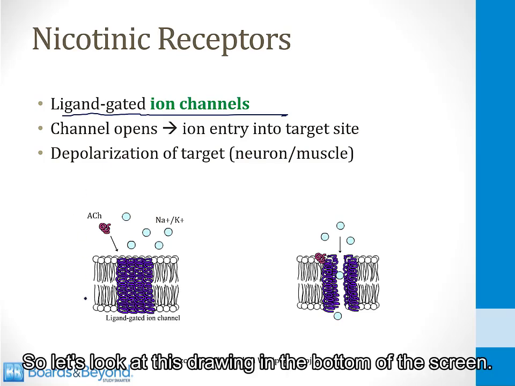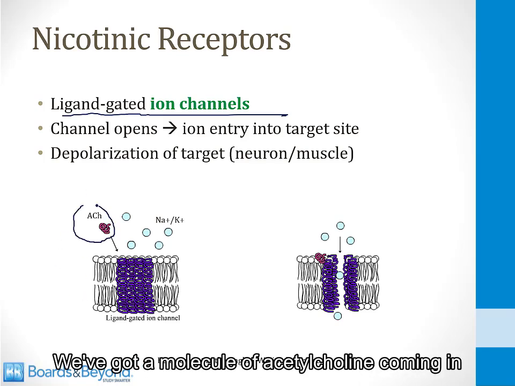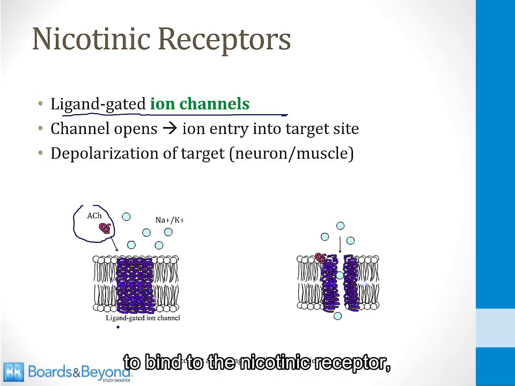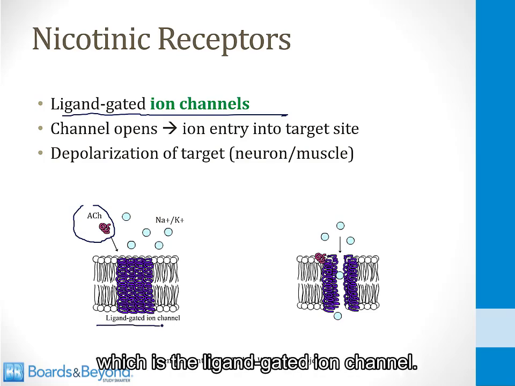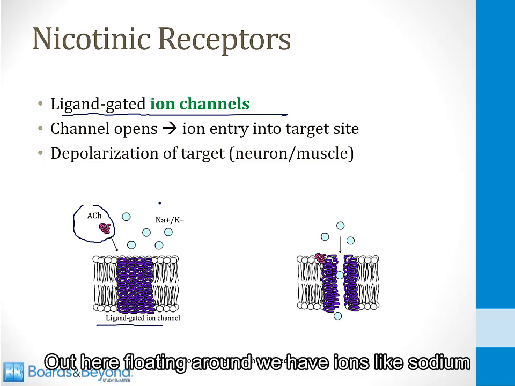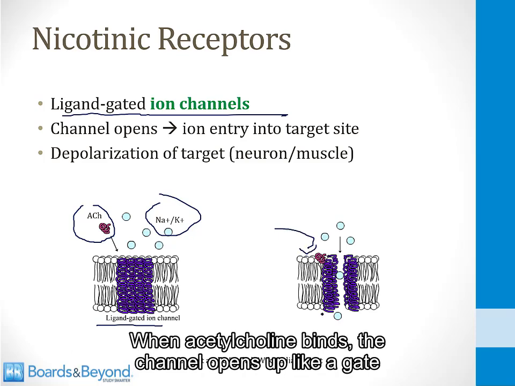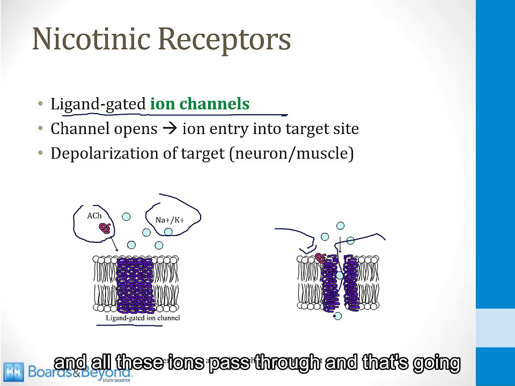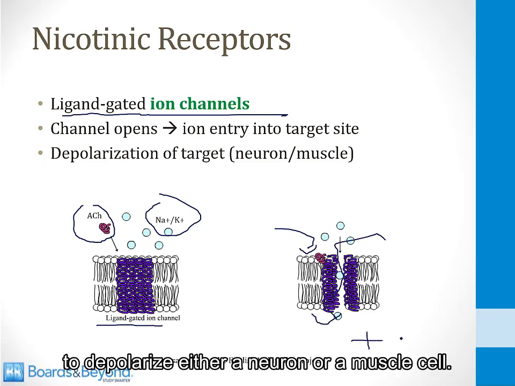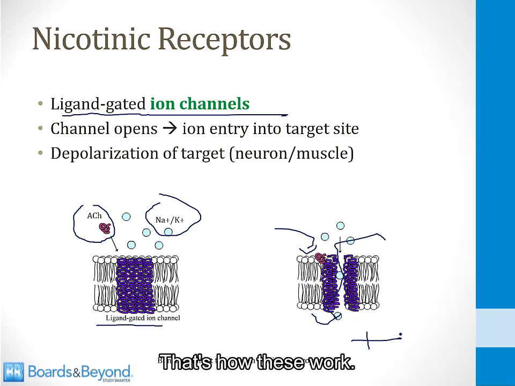So let's look at this drawing on the bottom of the screen. We've got a molecule of acetylcholine coming in to bind to the nicotinic receptor, which is the ligand-gated ion channel. Out here floating around, we have ions like sodium and potassium, and even calcium and magnesium. When acetylcholine binds, the channel opens up like a gate and all these ions pass through, and that's going to depolarize either a neuron or a muscle cell. That's how these work.